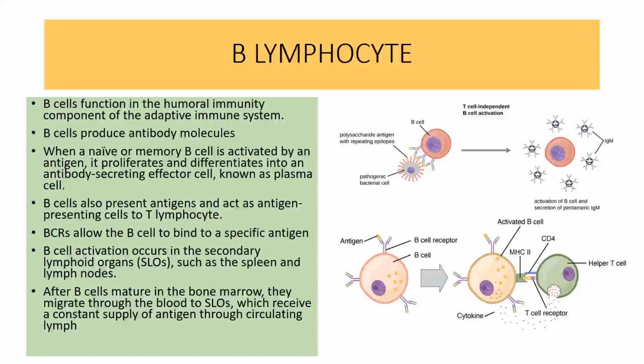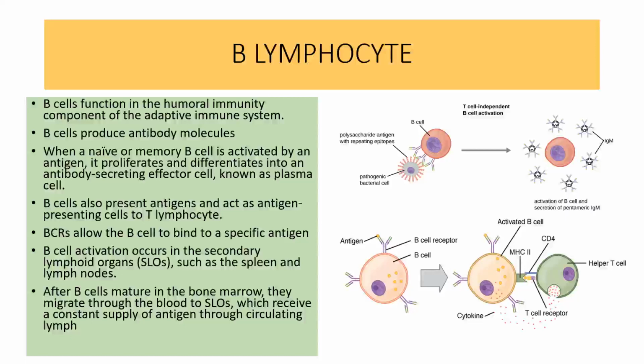A B cell can directly bind with the antigen. So we have two types of B cell activation. In the first case, the B cell binds with the antigen and it leads to the production of antibody. It is known as T cell independent B cell activation. Second is T cell dependent B cell activation.